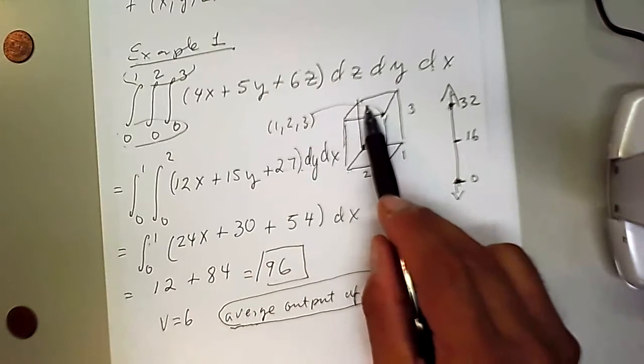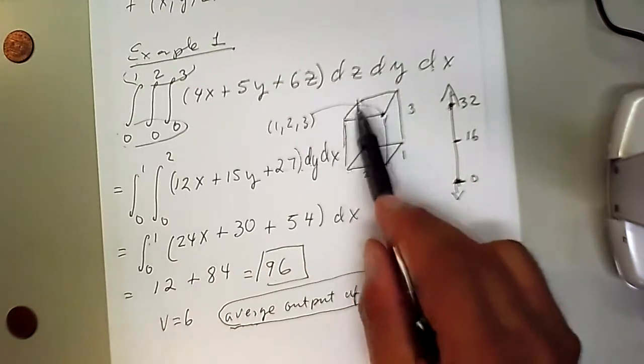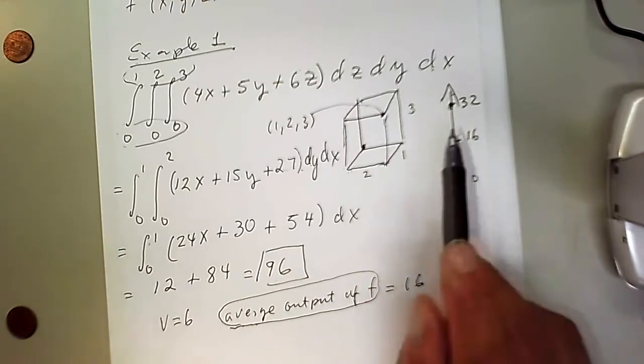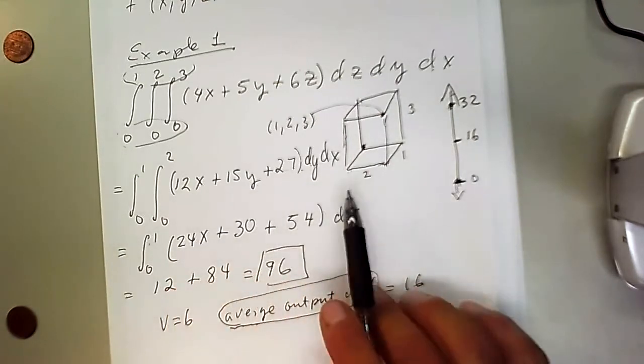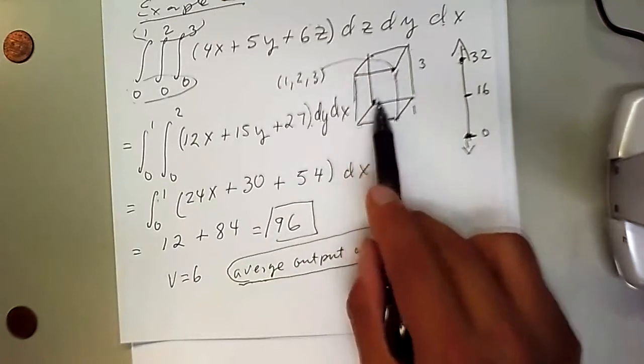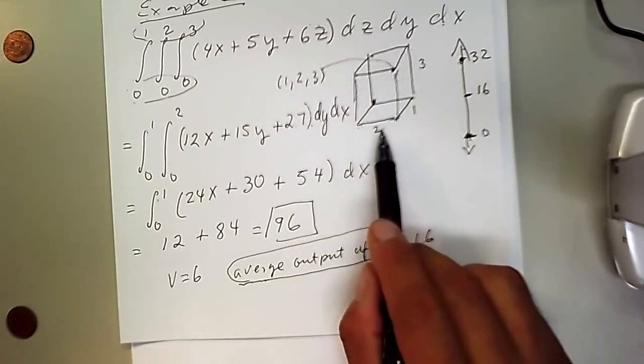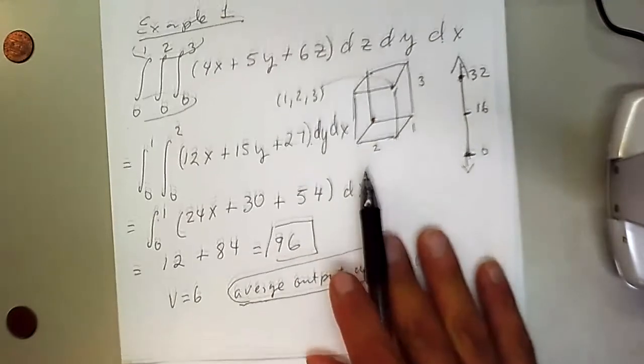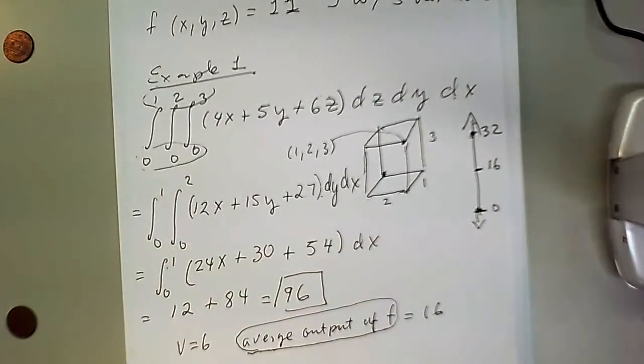Whichever way you go one way, it comes the other way very evenly. So the average works really well when you have this linear function and a very nice even box. Most of the time, things are not going to work that nicely. And that's why we need the integral.